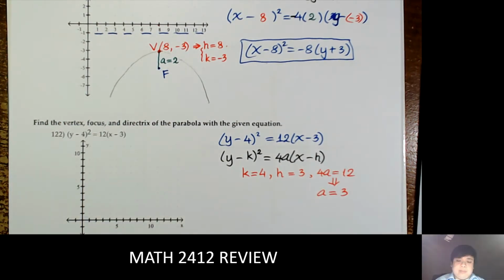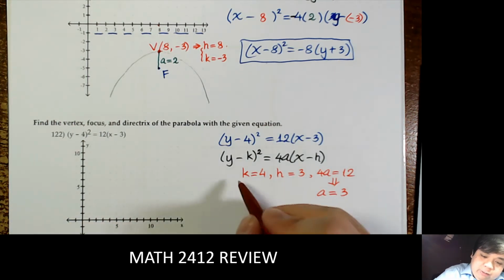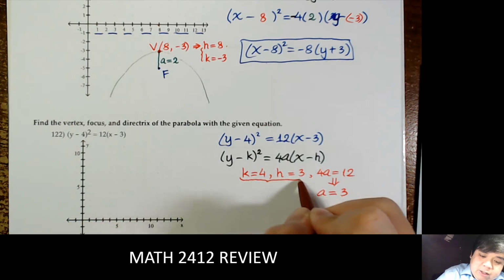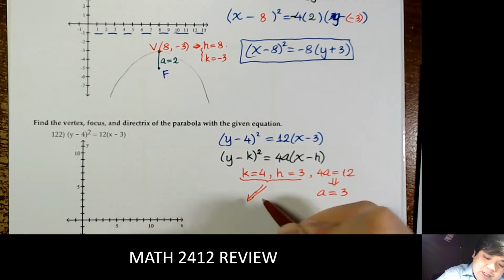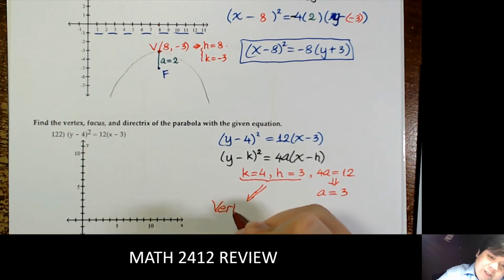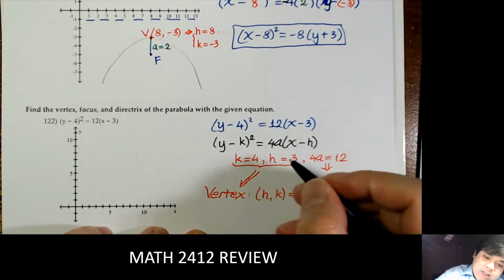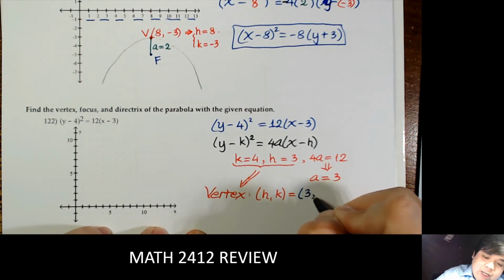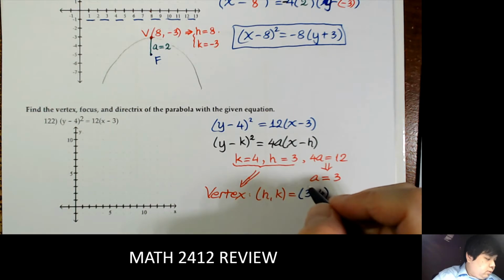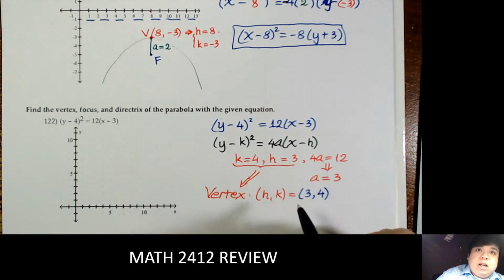Right. Now, if we have these values, they give us the vertex. The vertex will be at h and k, which is h equal to 3, k equal to 4. Right. So the vertex is 3 and 4.